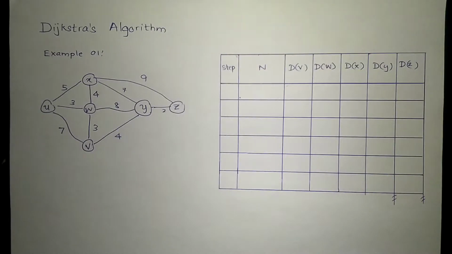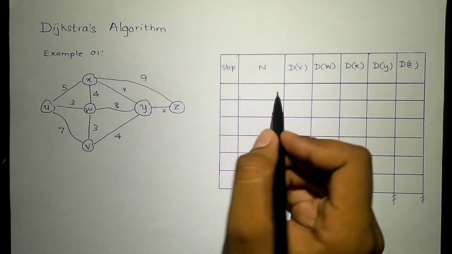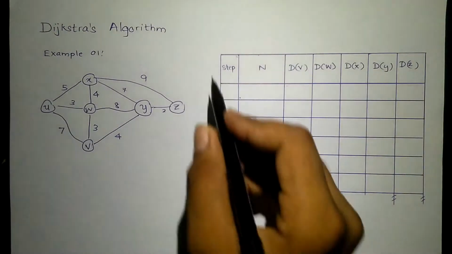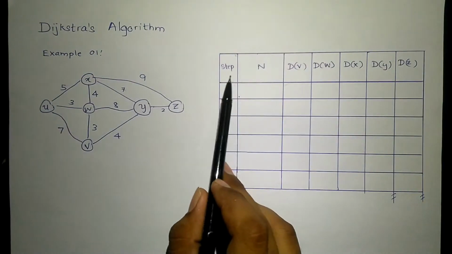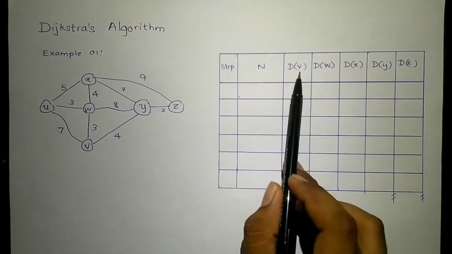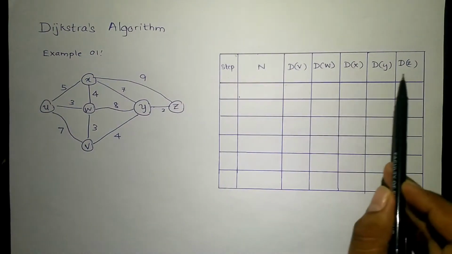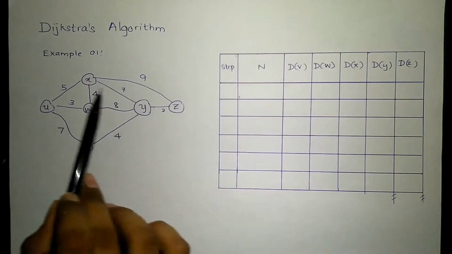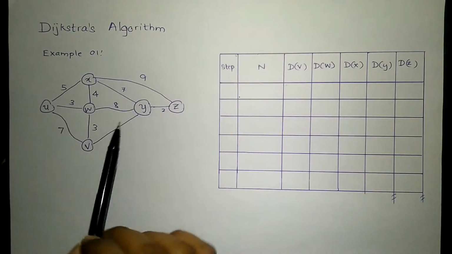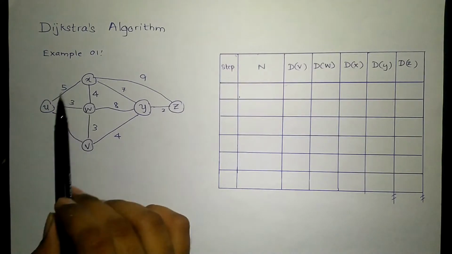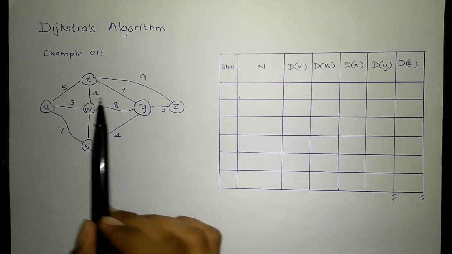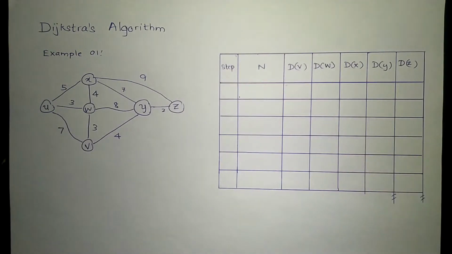So let's go to the question. We have to draw a table like this: the first column is step N, then dV, dW, dX, dY, dZ. Here we represent the distances. Let's see how to fill this table.